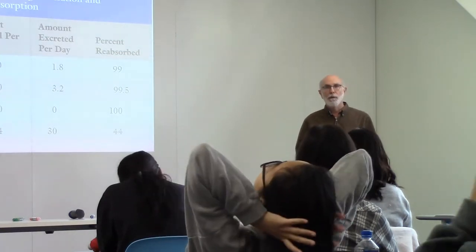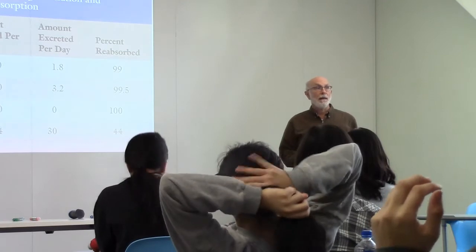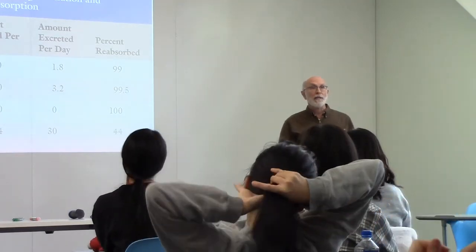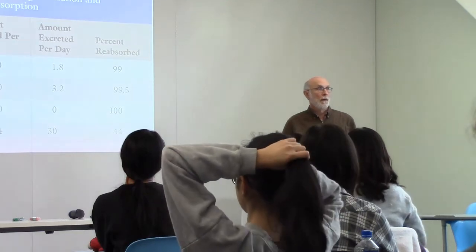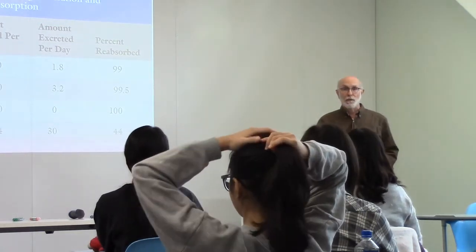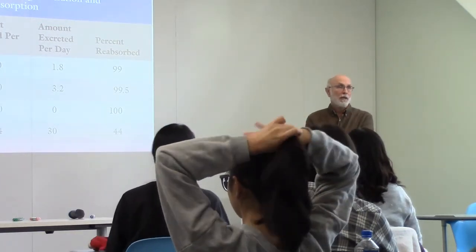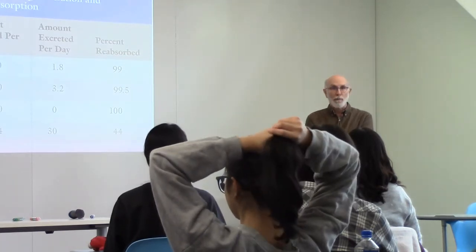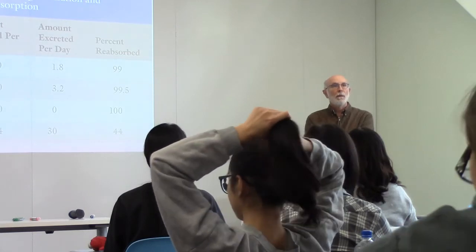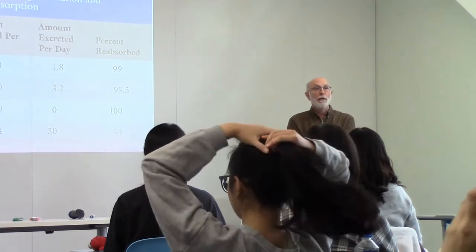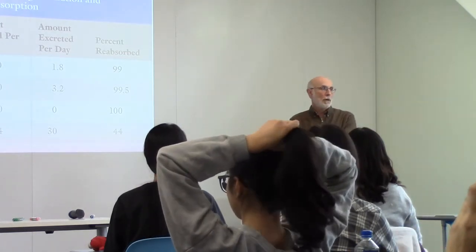Proximal, loop, distal, and the peritubular capillaries and the vasa recta capillaries that surround those tubules. Because we've filtered out all our goodies. Now we want to reabsorb water and glucose and sodium from the tubular fluid into the blood to go back to the body.